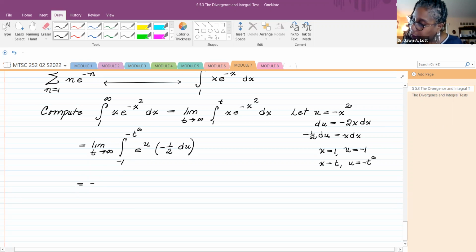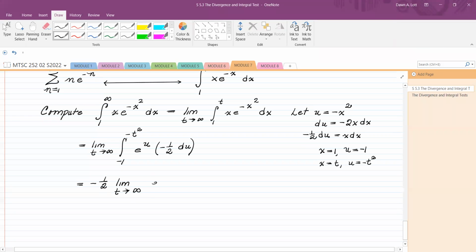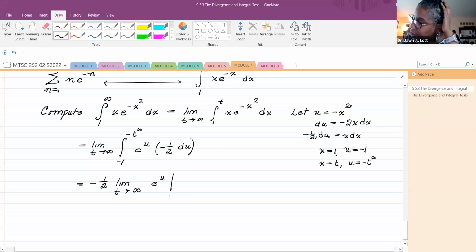So this is -1/2, the limit as t approaches infinity. So what happens? How do you integrate e to the u? The integral of e to the u is e to the u. Good. Evaluate it from -1 to -t².